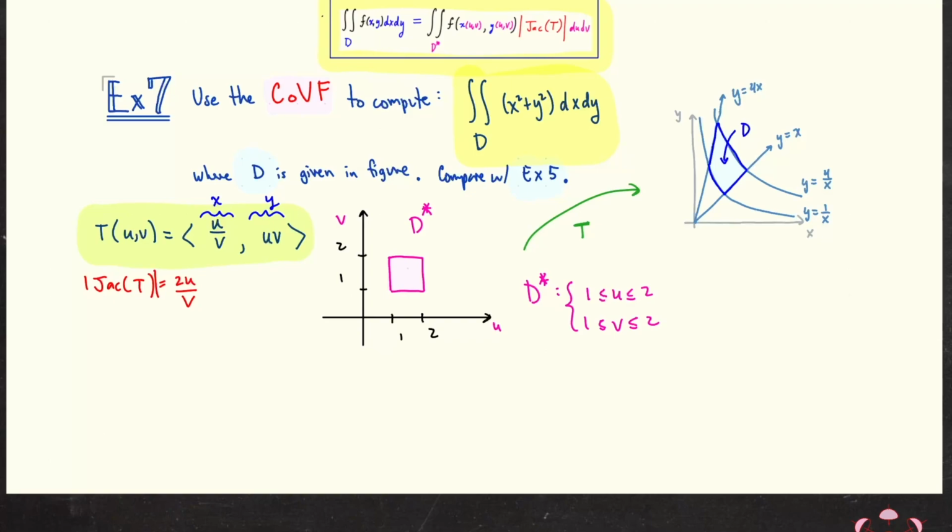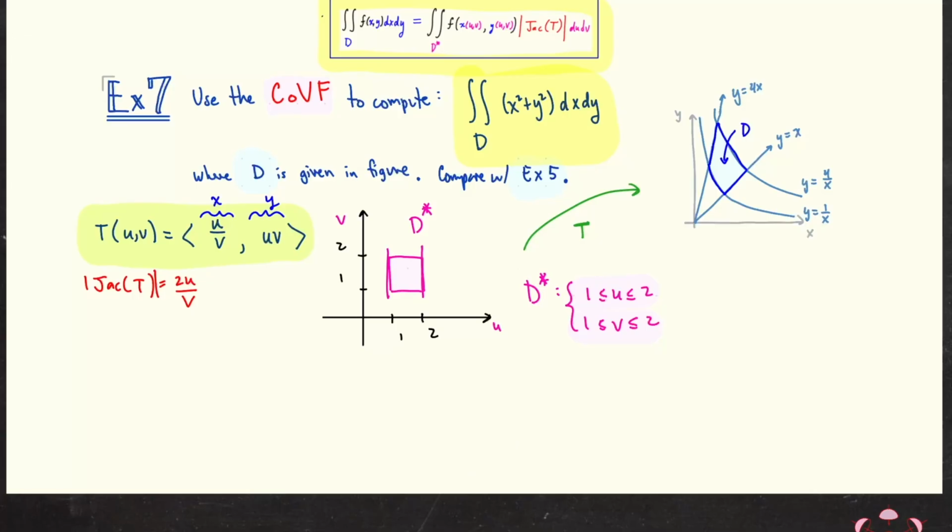Okay, and remember in that example we learned that if I send the u variables from 1 to 2, u equals 1, u equals 2 would be these vertical lines here.